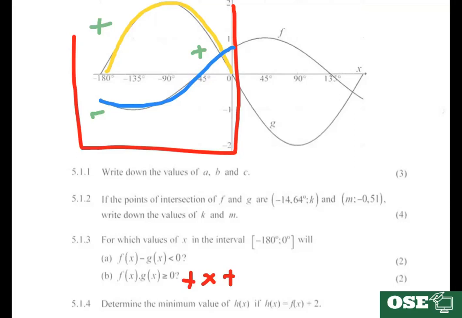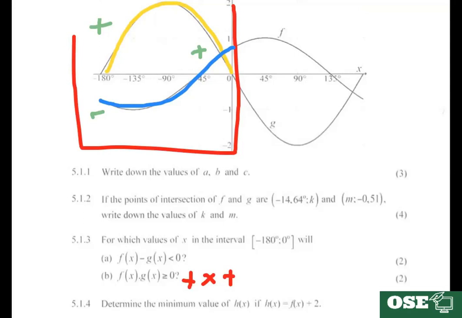Who was answering just now? I was answering, and Buddy was also answering. Okay, what is your answer, Chuma? I said negative 80 and 45.